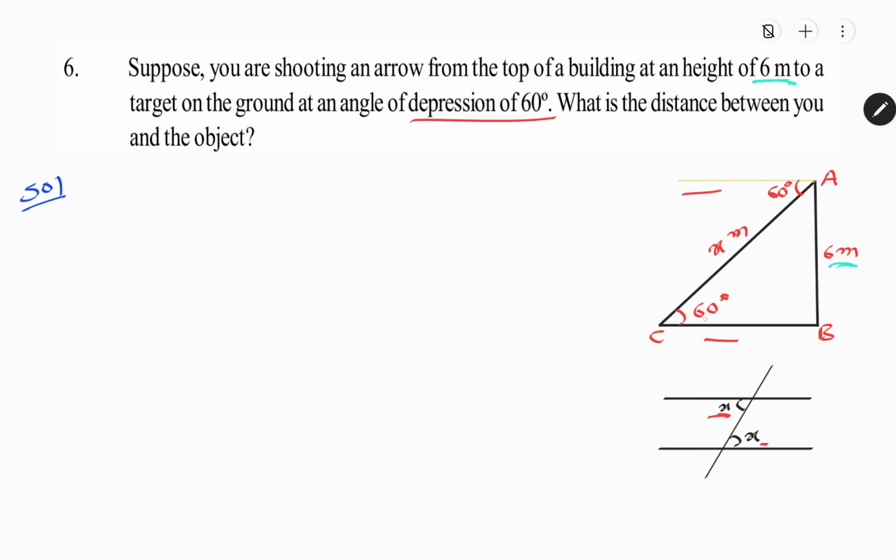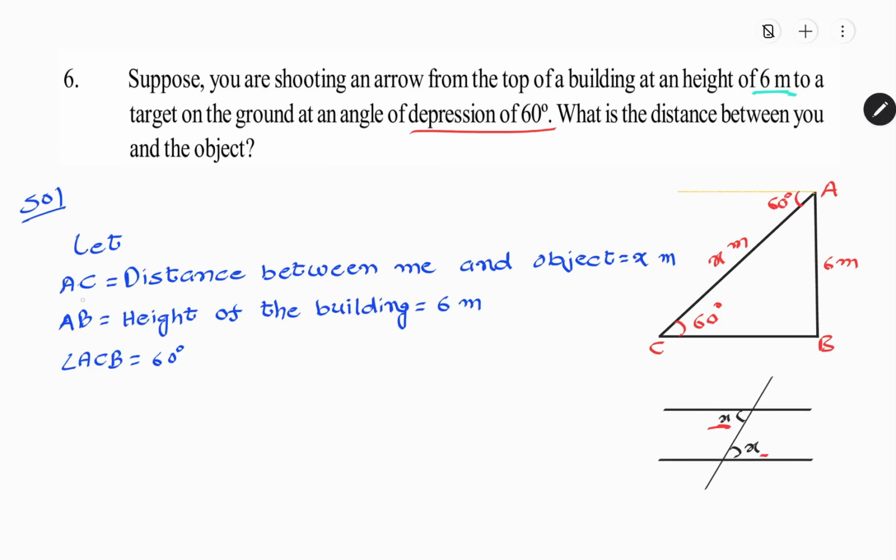So here we can write 60 degrees. Now write the given data. Distance AC is equal to the distance between me and the object, x meters. AB is equal to the height of the building, 6 meters. Angle ACB is 60 degrees.